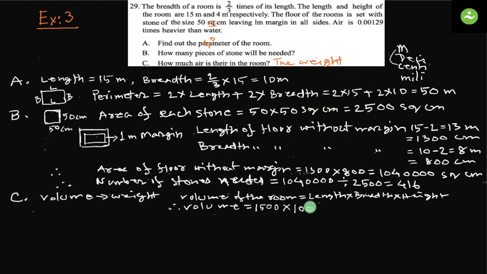So 100 centimeter into 400, and the unit will be cubic centimeter. If you multiply 15 by 4, it is 60, and then 7 zeros, cubic centimeter.